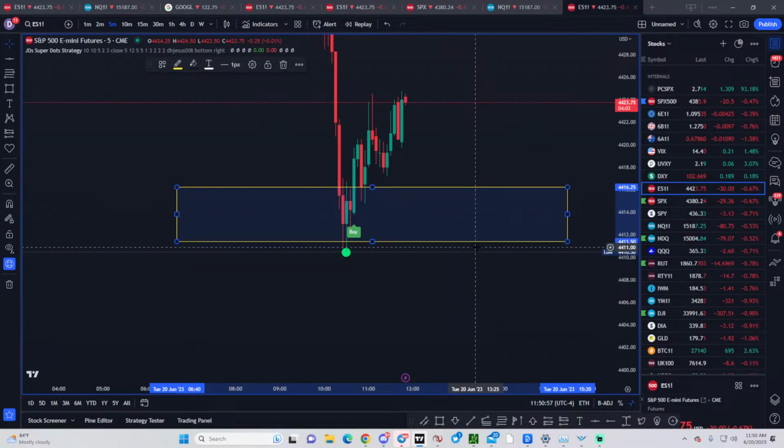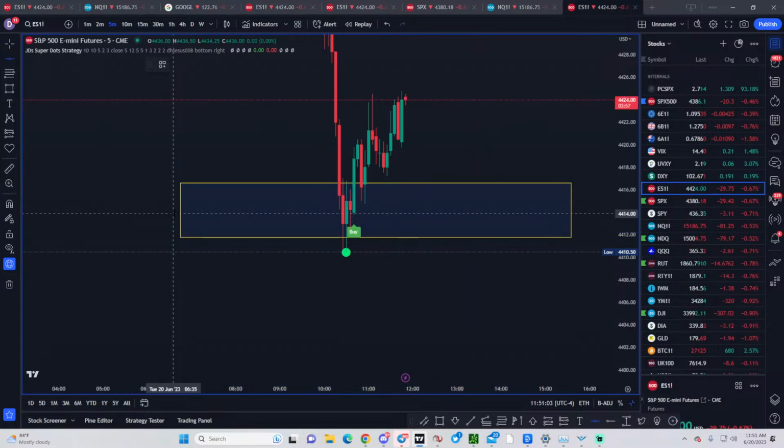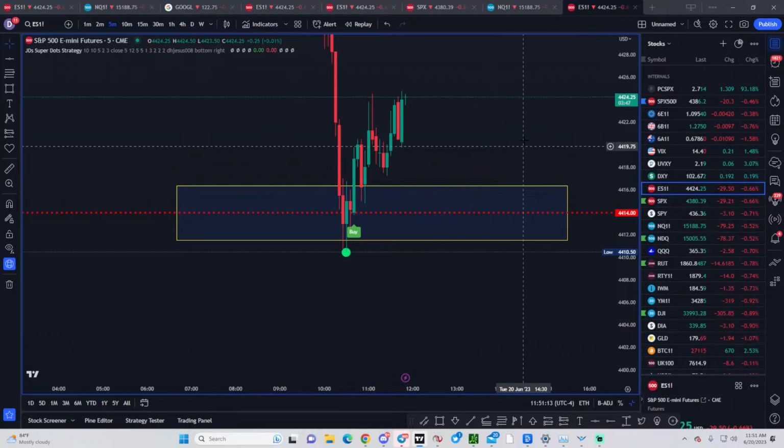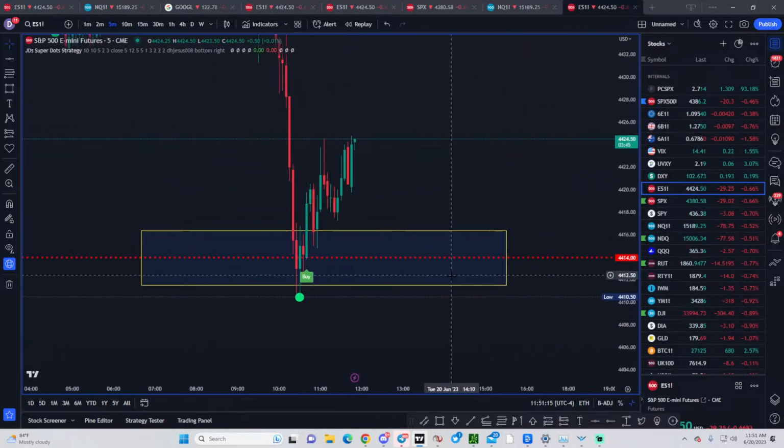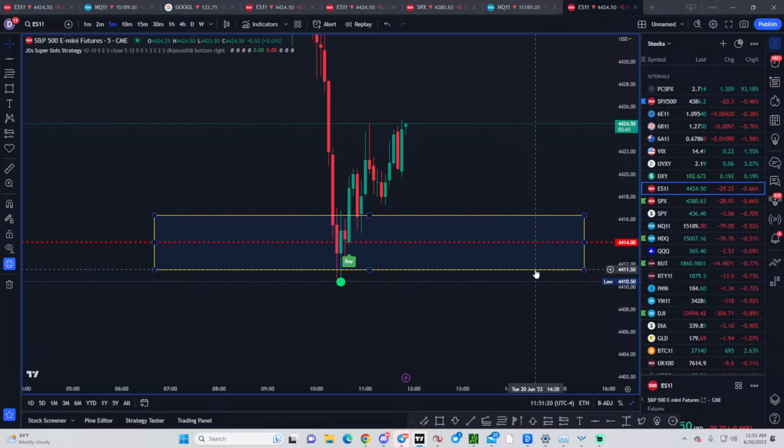This is the level right here, 41.14. 2.5 is 11.5. So you see how price was inside the zone. It just happened that it came down to the lower part of the zone.